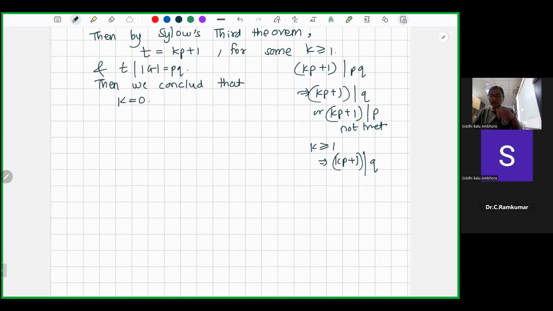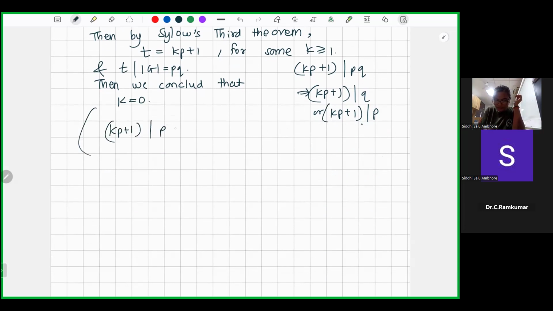Understand that? Let me just write this. Kp plus 1 dividing P is not possible if K is greater than or equal to 1.